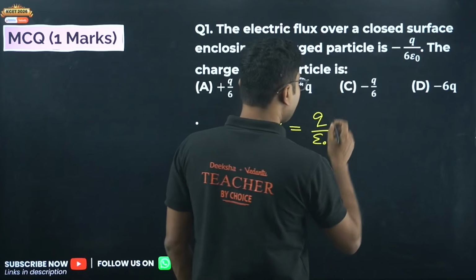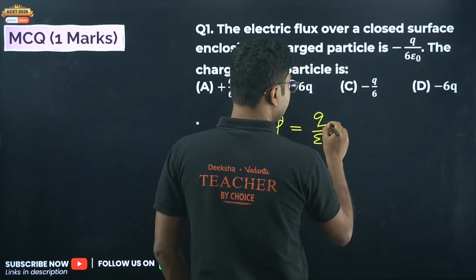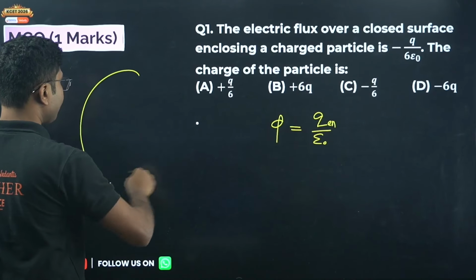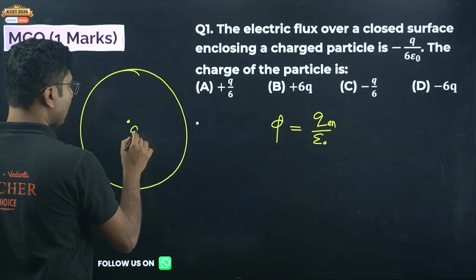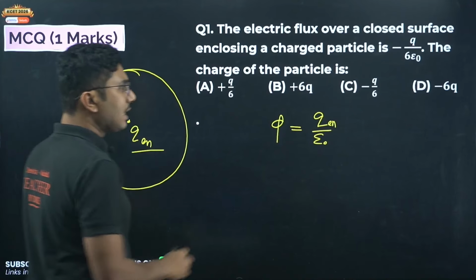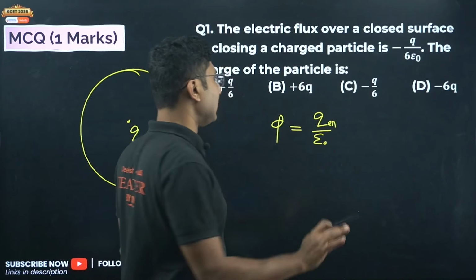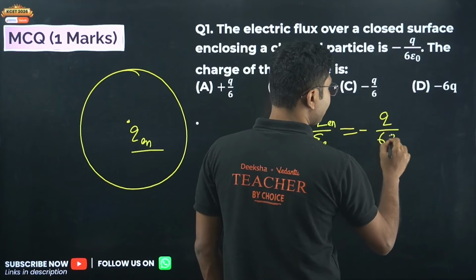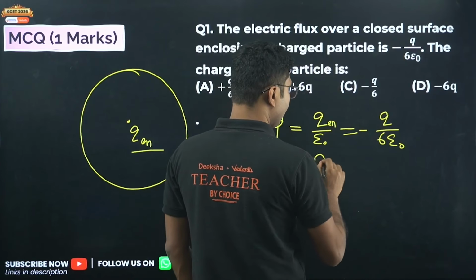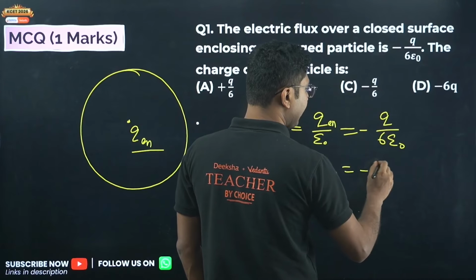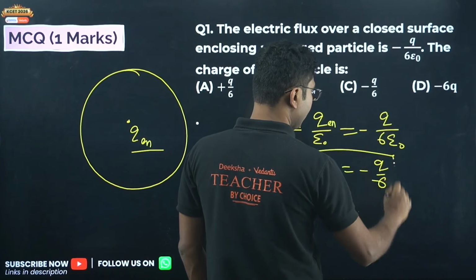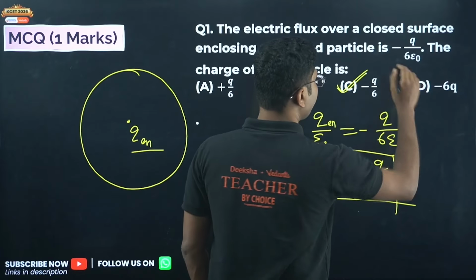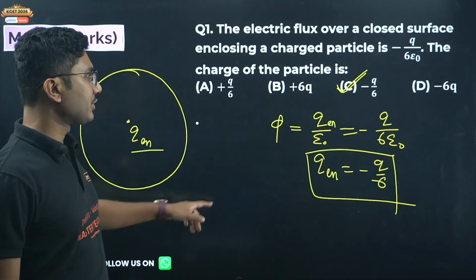Suppose there is a Gaussian surface and the charge enclosed inside it is Q enclosed, then Q enclosed by epsilon naught is the electric flux, and that is given by minus q by 6 epsilon naught. If you compare these two, you get Q enclosed equals minus q by 6. It is not any other value, so it will be minus q by 6. Option C is correct.